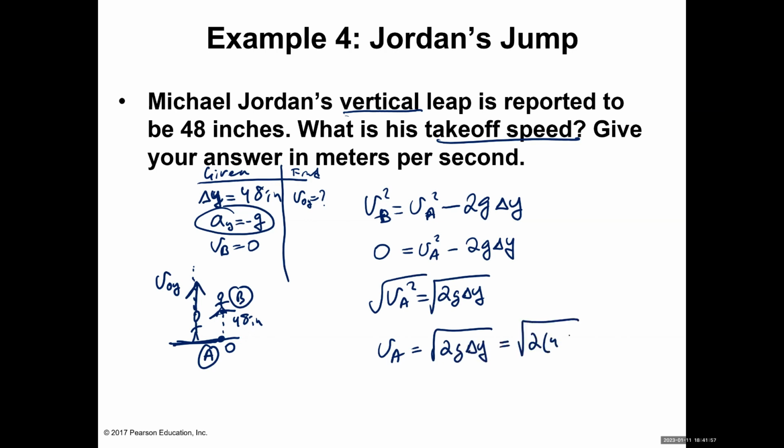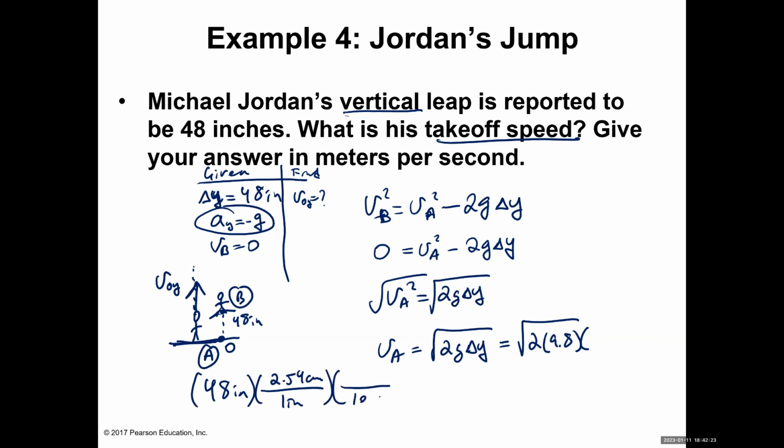So 2 times 9.8 times, well, before doing anything, we have to convert 48 inches to meters. I don't remember exactly from inches to meters, but I remember from inches to centimeters, because 1 inch is 2.54 centimeters.